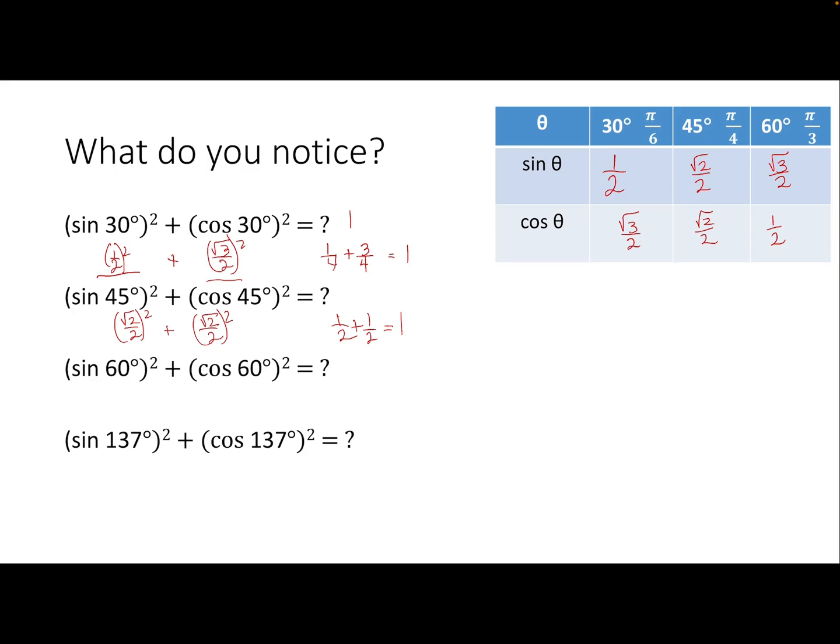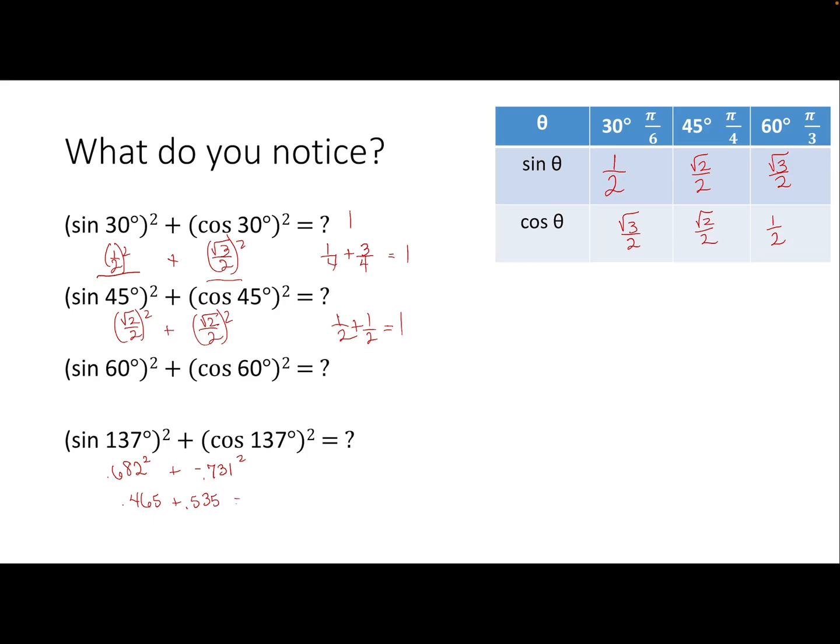So if I take the sine of 137 degrees, which is 0.682 roughly, and I square that, I get 0.465. And if I take the cosine of 137, which is a negative 0.731, and I square that, I get 0.535 roughly.